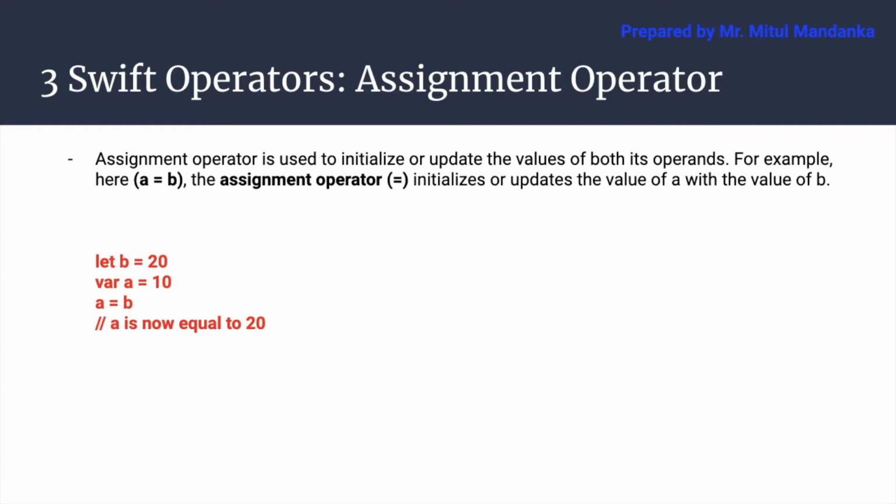After processing these statements, the output will be a is equal to 20. If the right side operand contains multiple values, its elements can be decomposed into multiple constants or variables at once. Swift assignment operators do not themselves return a value like the C or Objective-C assignment operators do.